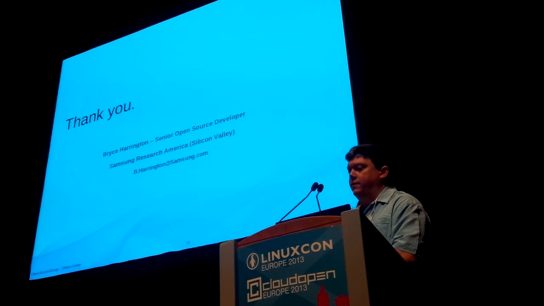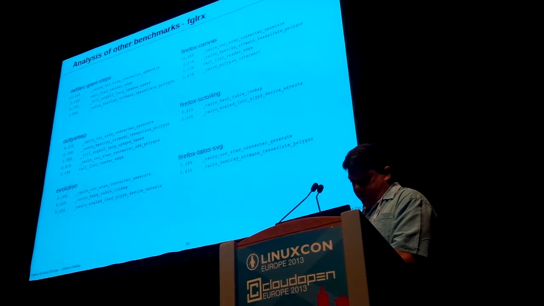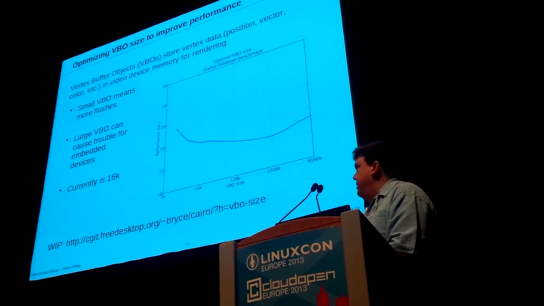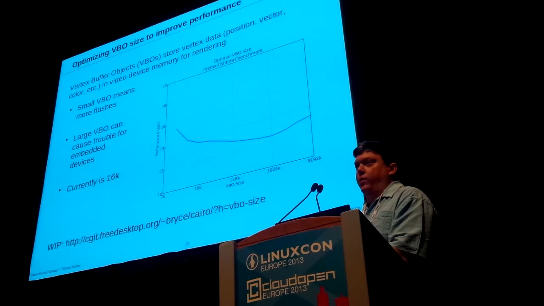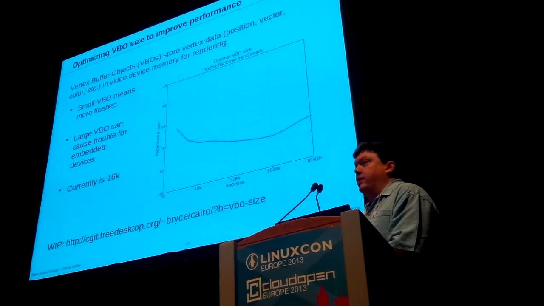So the question is if the VBO size is dependent on the hardware, how can you set that in the code to optimize it? And you know, the simple thing would be to just force it to 1024 or whatever, but that might break some other hardware. So the question is, okay, how can you make that a hardware configurable thing? And that's a good question. That's one of the reasons I haven't pushed this.